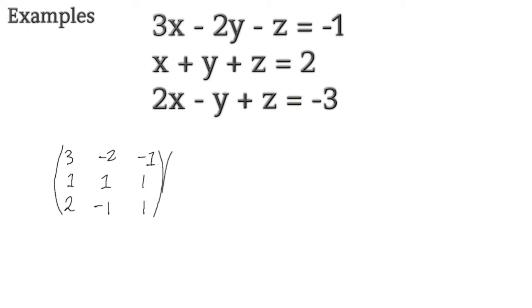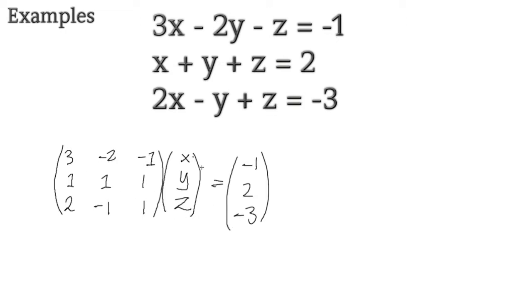This is multiplied by an arbitrary x, y, z. If you expand this whole thing, you should get the left-hand side, which is what we want, and that would equal minus 1, 2, and minus 3 respectively.